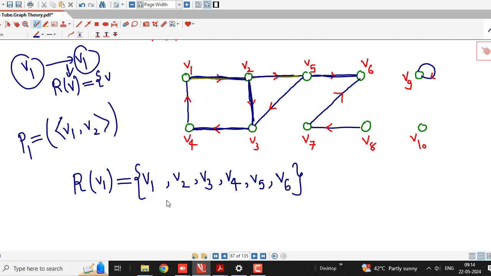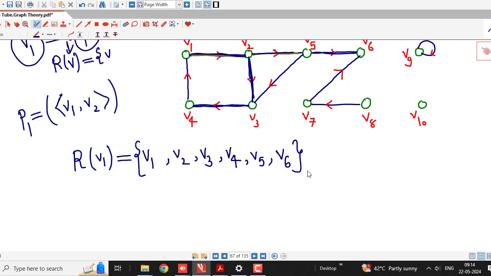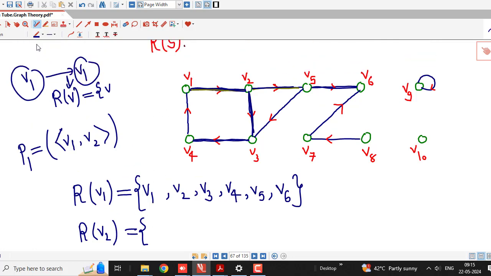Similarly, we can write the reachable set of vertex v2. We start with v1 and we can observe this graph. If we go from v2 in this direction, then we are able to find a path from v2 to v1.